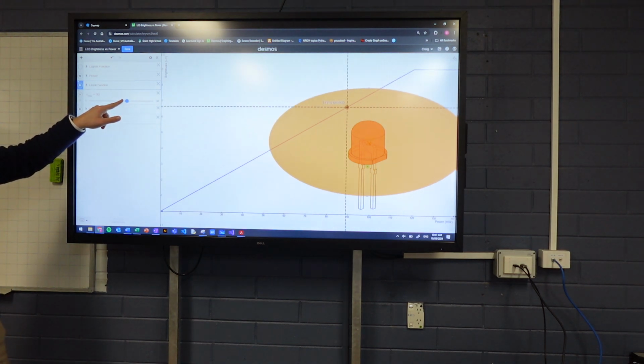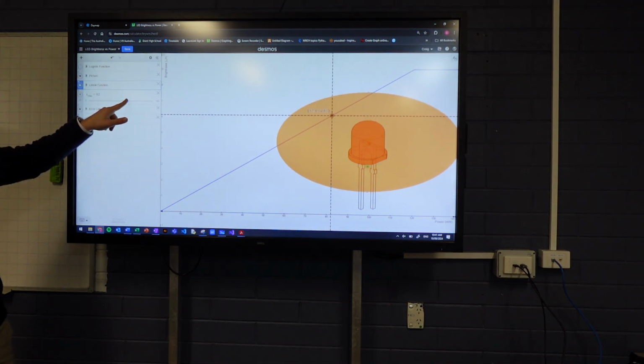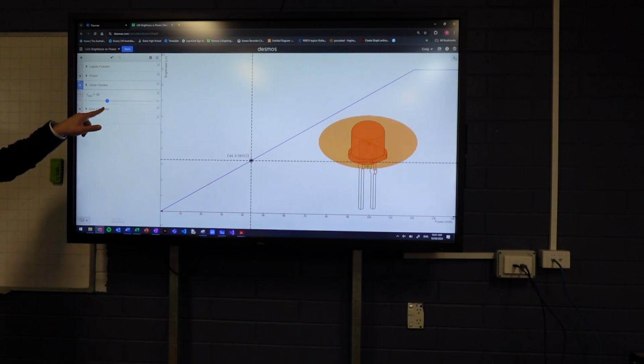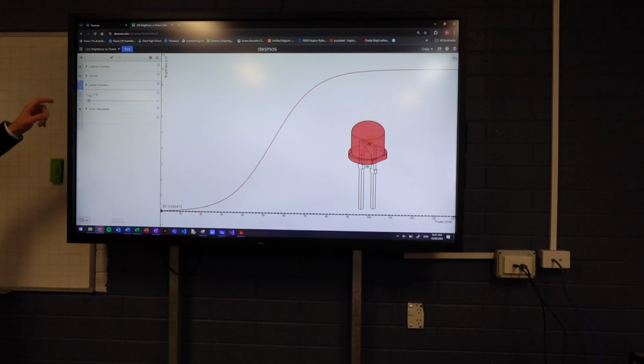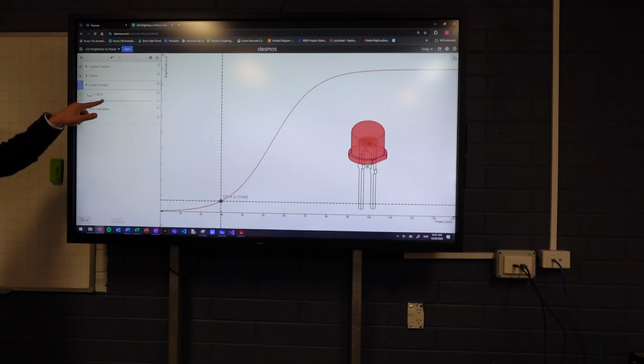But that's a model that's sort of okay for this sort of thing, but it's not how these things really work. Rather, what you find is the curve is going to look not like that, but something like this. At the very beginning, when you're pumping voltage through it, it's going to slowly go up.